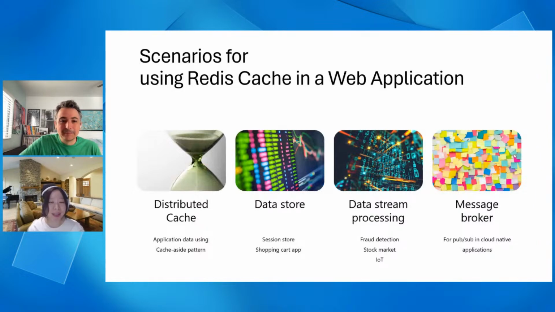Mm-hmm. So now you may wonder, what are the developer scenarios? Like how do I use this Redis cache with my web application? Here are some common scenarios. The first one, distributed cache. Because Redis stores everything in memory and it's a key value pair, that makes Redis a really great fit for an external distributed cache for improving your web app performance.